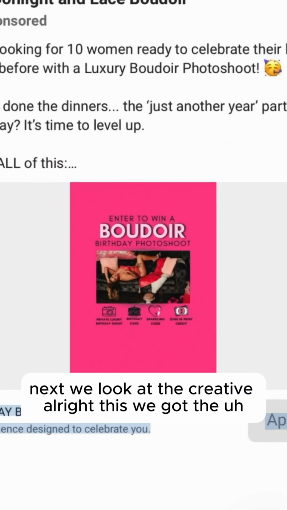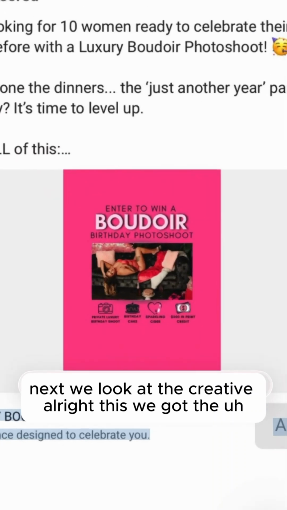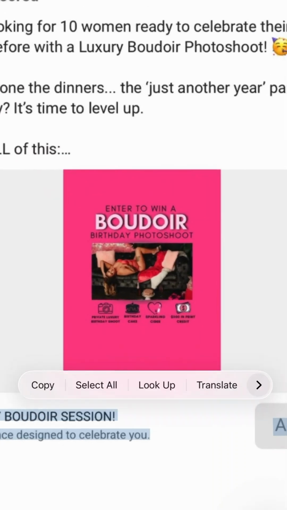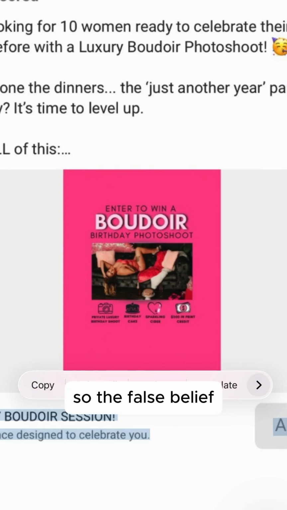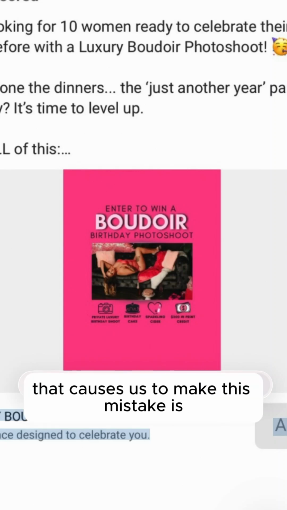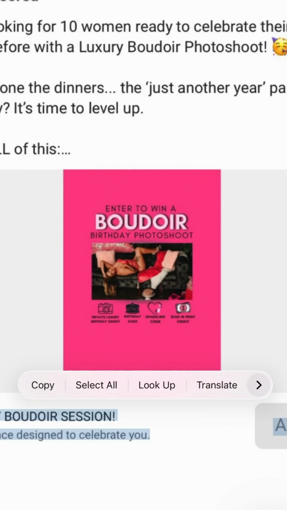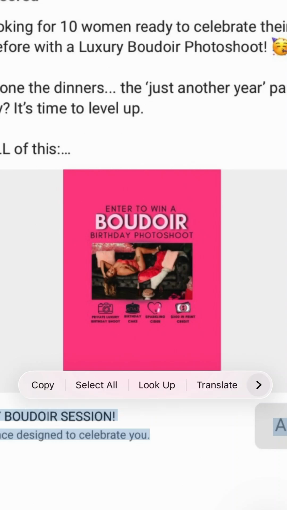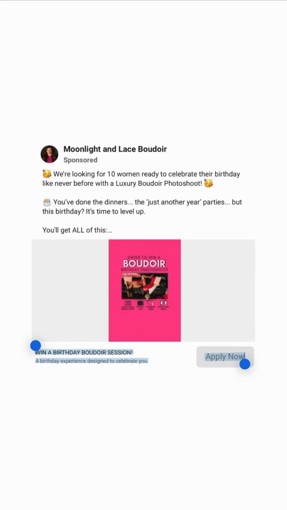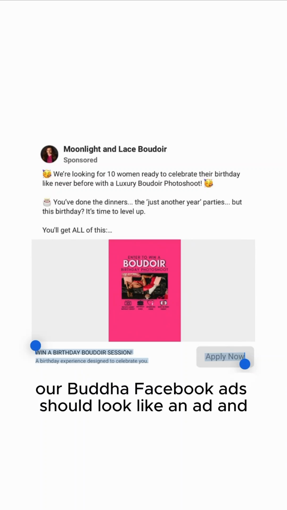Next, we look at the creative. All right, this looks like an ad mistake. The false belief that causes us to make this mistake is that we actually believe our Boudoir Facebook ad should look like an ad.